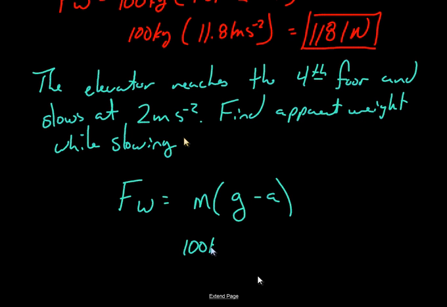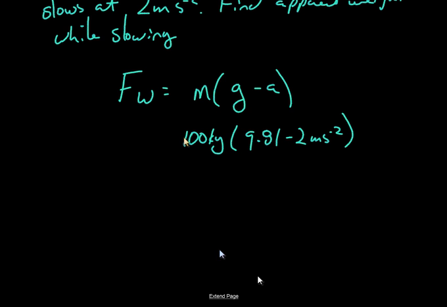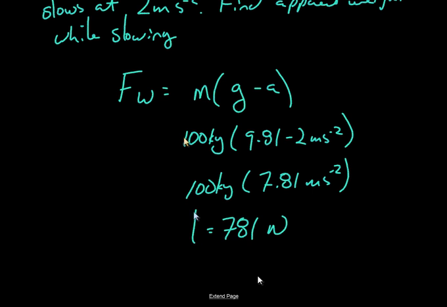So we've got 100 kilograms, and we've got 9.81 minus 2 meters per second squared. So you've got 100 kgs times 7.81 meters per second squared, and they weigh 781 newtons while slowing down. Their mass did not change, but how they feel like they weigh did change.